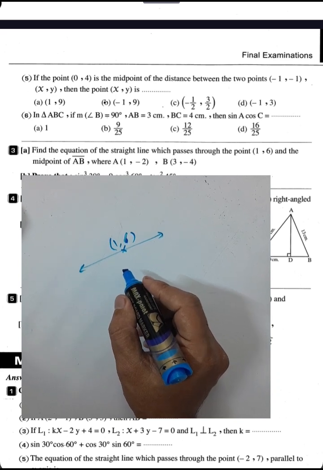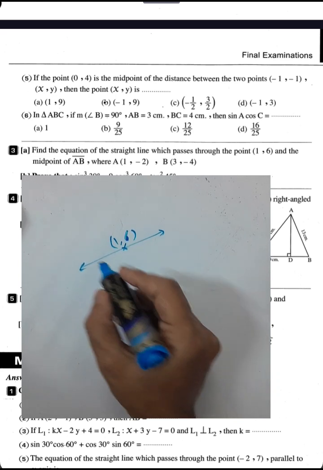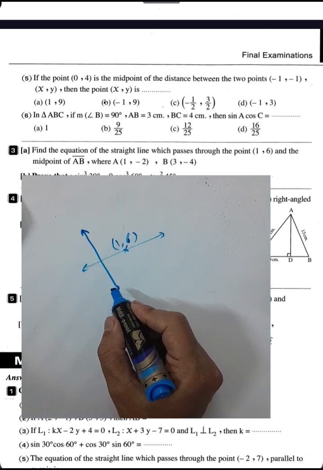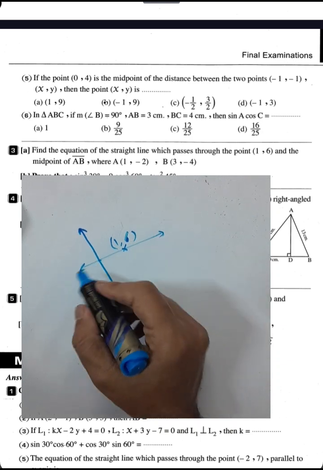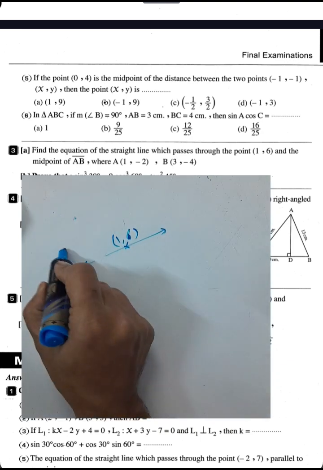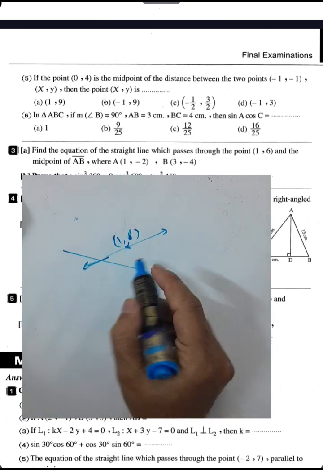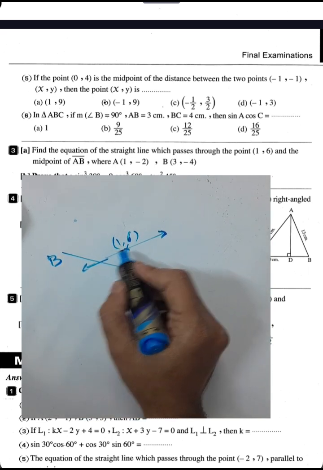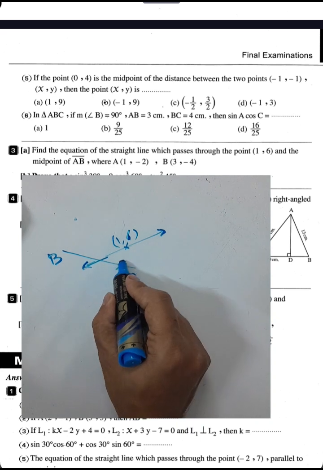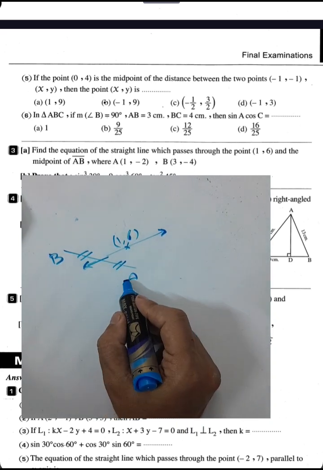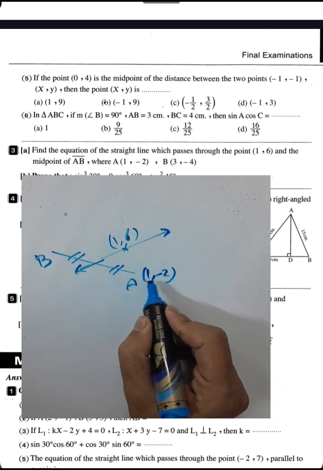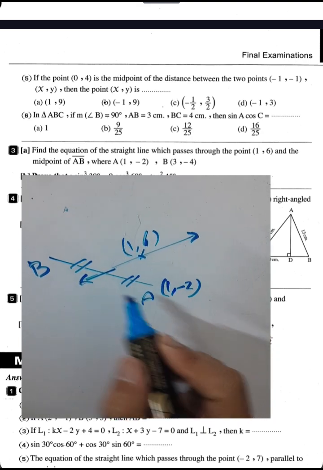He is passing through the midpoint between A and B, not perpendicular. We have a straight line passing through the point (1, 6) and passing through the middle of points A and B. We have A (1, -2) and B (3, -4).